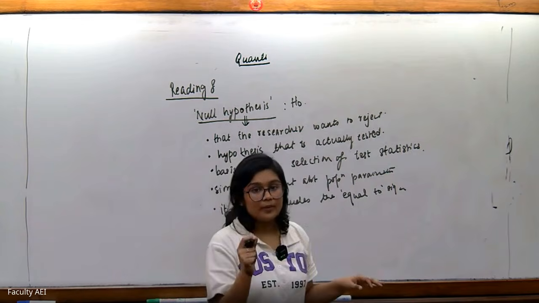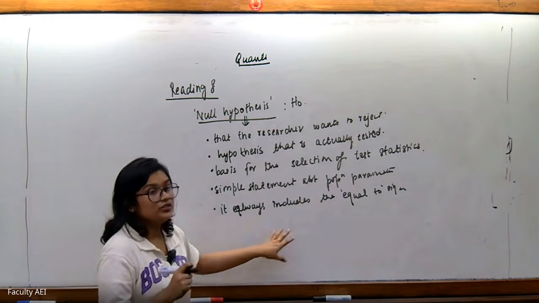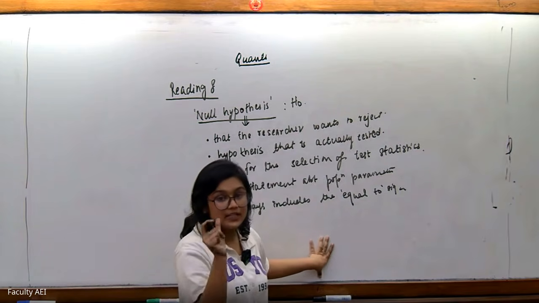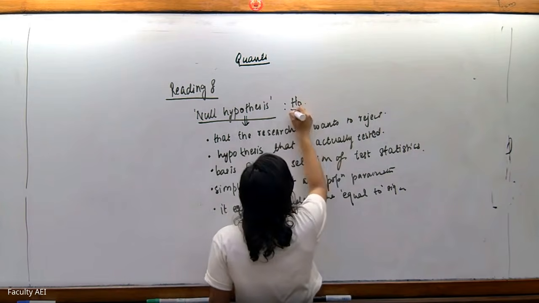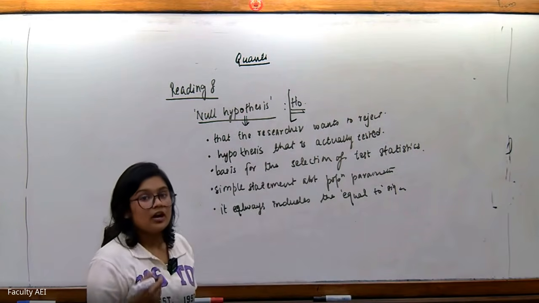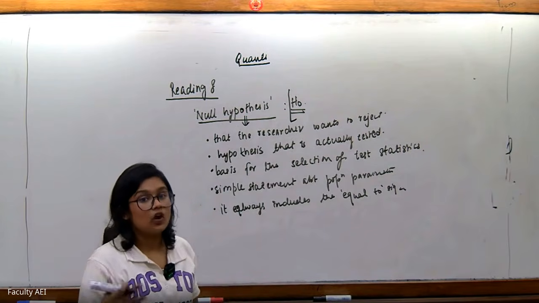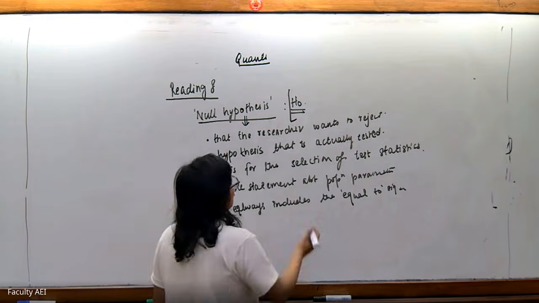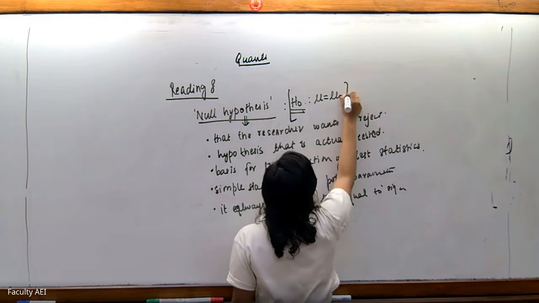You include the population parameter in your null hypothesis, and your null hypothesis will always involve the equal to sign. That is, let's say you are making an assumption about your population parameter that whether it is equal to mu naught or not equal to mu naught. So what is your H naught here? Mu is equal to mu naught.